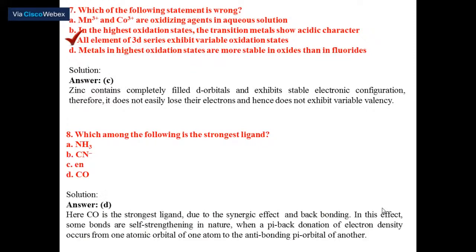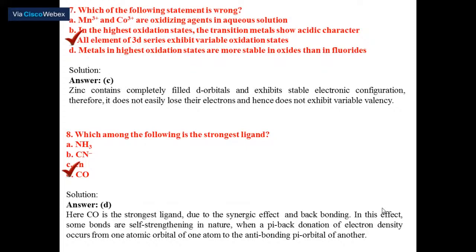I'll show the spectrochemical series next. So the answer here is CO, the strongest ligand, due to the synergic effect. What do you mean by synergic effect? That is back bonding. CO, and sometimes CN also, is involved in back bonding, but compared to that, CO back bonding is more. In this effect, some of the bonds are self-strengthening in nature.